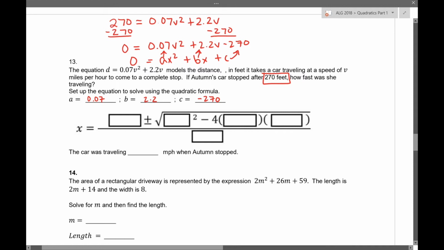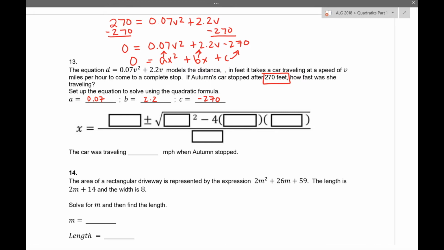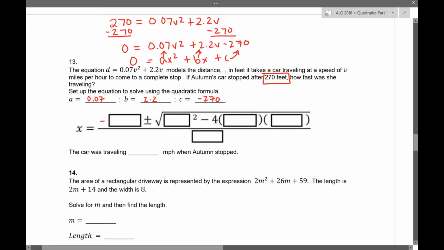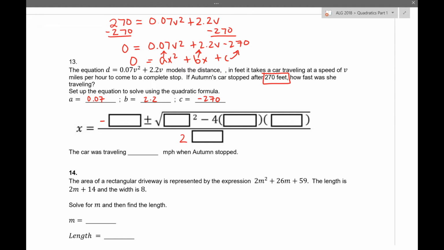Okay. Now, a couple things I need to add to this problem. There is a negative in front of the first box, and there is a 2 on the last box. So just be careful. On the test, it should have a negative and a 2 in the front. Now I need to plug these into the correct boxes.